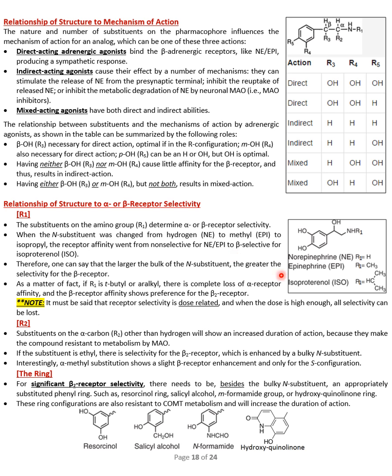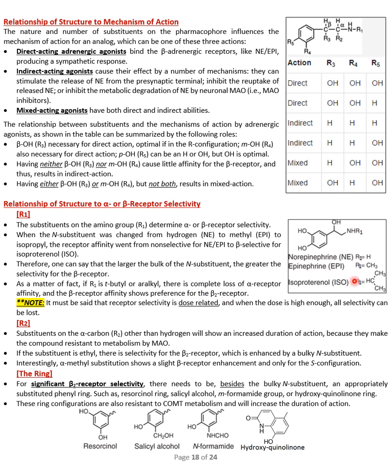Okay, now a further increase in the size of the R1. So instead of methyl or isopropyl, if we increase it further and make it bulky, large, such as the tertiary butyl or an arylalkyl, which is basically having an aromatic and an alkyl group, then not only would we lose the selectivity to alpha receptors and the drug would be completely selective to beta receptors, but it will also be more selective to beta 2 receptors.